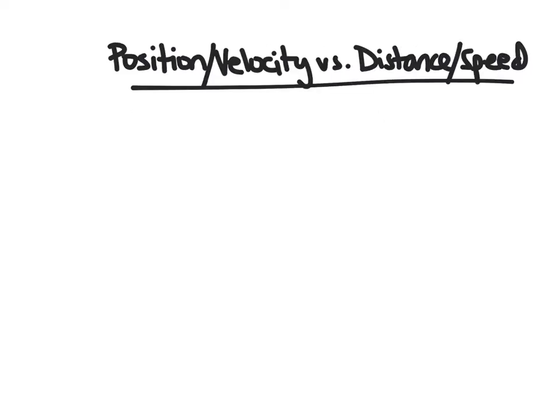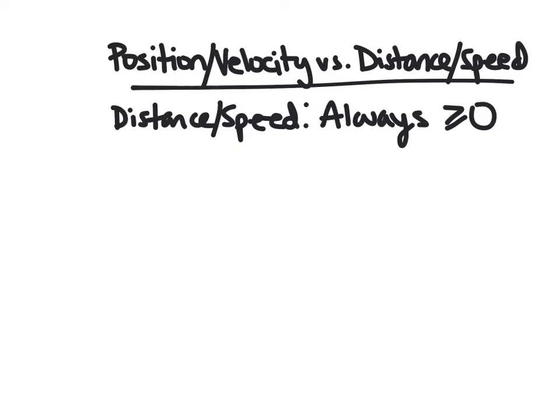The first thing I want to talk about in terms of velocity is why we choose the terms position and velocity instead of distance and speed, and actually distinguishing between these things. When you're talking to someone about how far you've gone, you never say, I went negative miles. A distance traveled is always non-negative. Same with speed. You read your odometer, it does not have negative numbers on it.